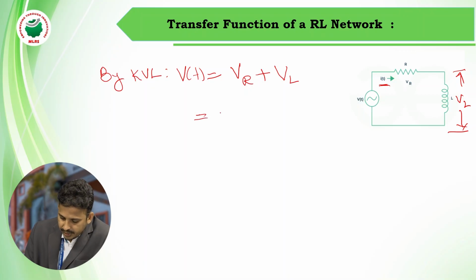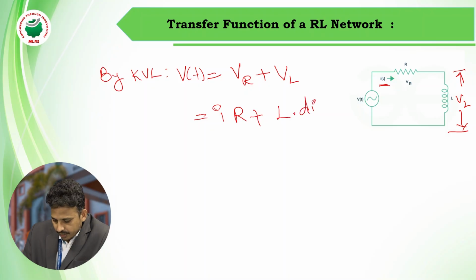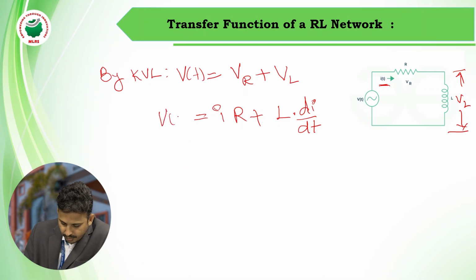So the voltage across the resistor is equal to I into R, and the voltage across the inductor is L into di by dt. So V of t is equal to IR plus L into di by dt.